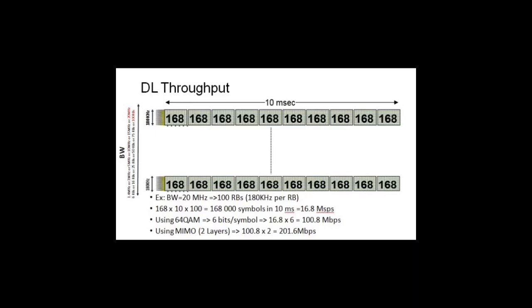Now assuming that the modulation used is 64 QAM, we have 6 bits per symbol, so we multiply by 6 and we get 100.8 megabits per second. Considering we have MIMO with 2 layers, throughput will be doubled and we get 201.6 megabits per second. Of course, user bitrate will be less than 201.6 megabits per second due to signaling and adaptive coding overheads.